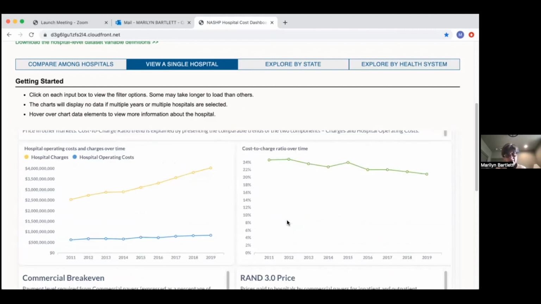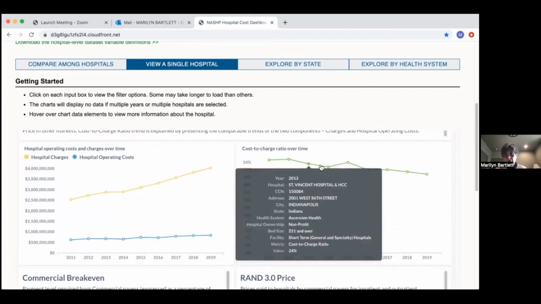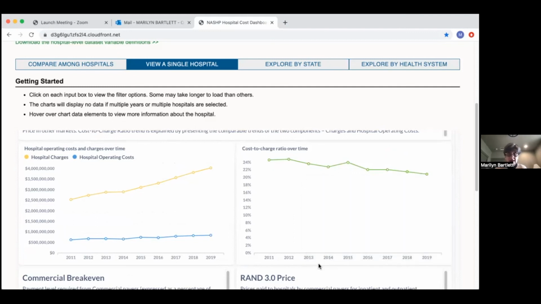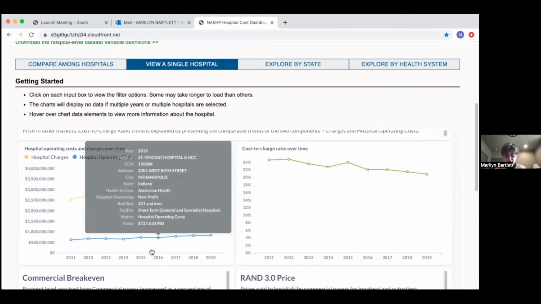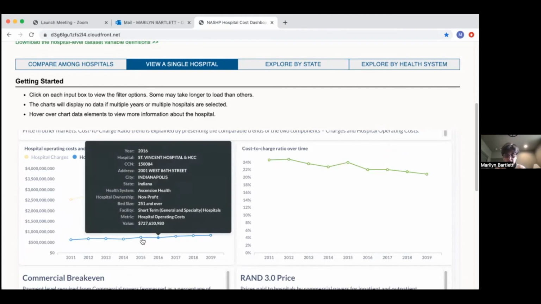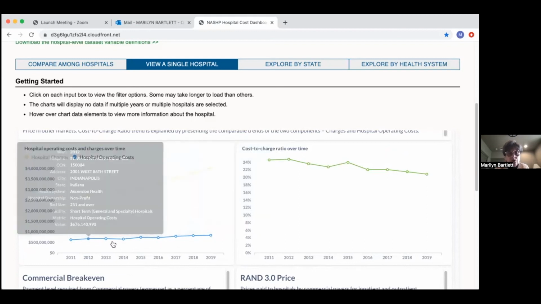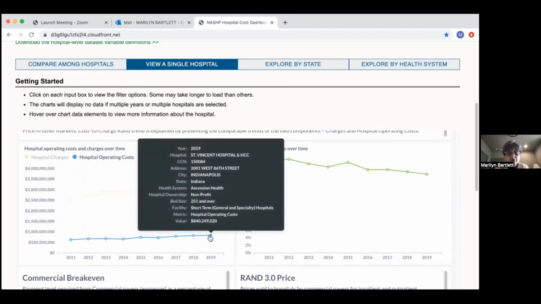This particular graph I like. As we talked before on the cost to charge ratio, we have seen cost to charge ratios really declining, but is that because charges have increased or is it because costs have decreased? So we break it apart into this graph to show you what hospital operating costs have done over time. They've gone from 624 million up to 840.